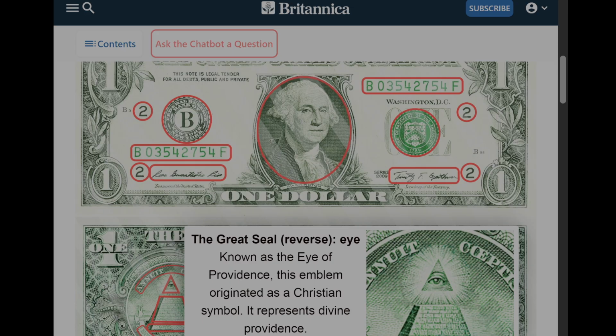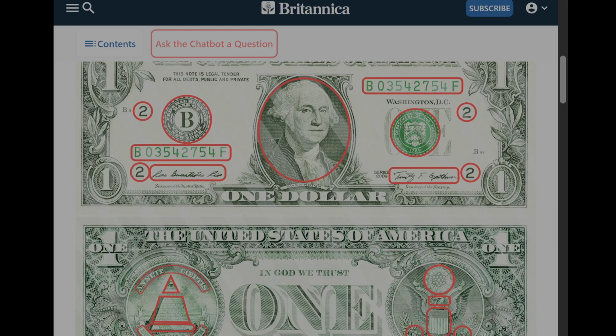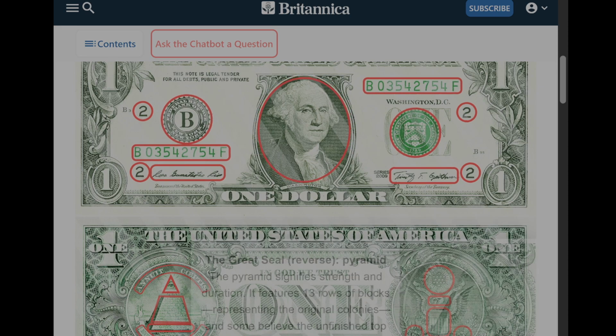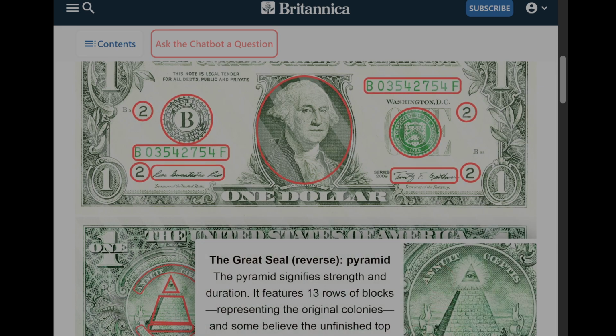The Great Seal, the eye, known as the Eye of Providence. This emblem originates as a Christian symbol. I don't really think that's a Christian symbol. It represents divine providence. So it says, now in the middle, the Great Seal pyramid.